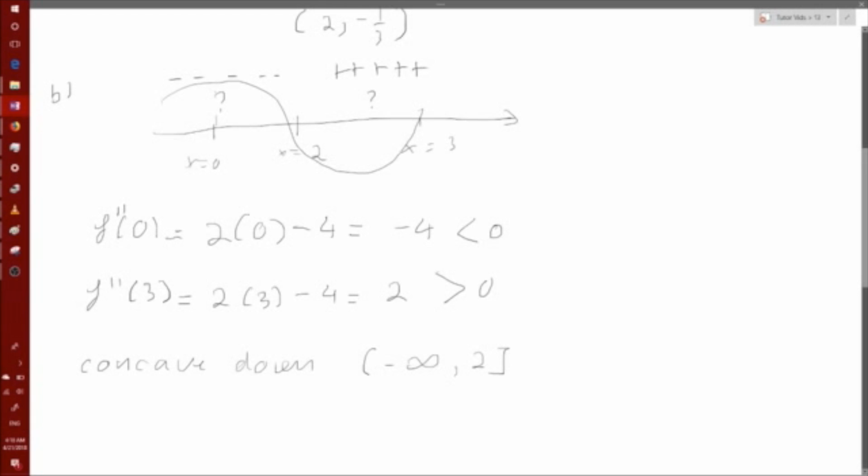And then from there on, it concaves upward, from 2 to positive infinity. And yes, the possible inflection point we found, 2 and negative 1/3, is an actual inflection point.